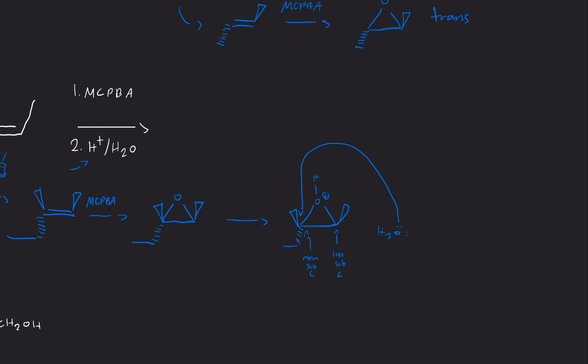Right, and what this will do is it will open up the ring, and we're going to get the anti-diol. And so our final product for this will end up looking something like this. You have OH there and OH there. And that's in the anti-formation.